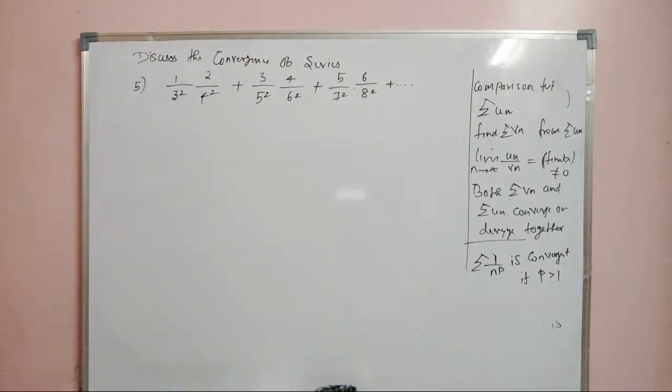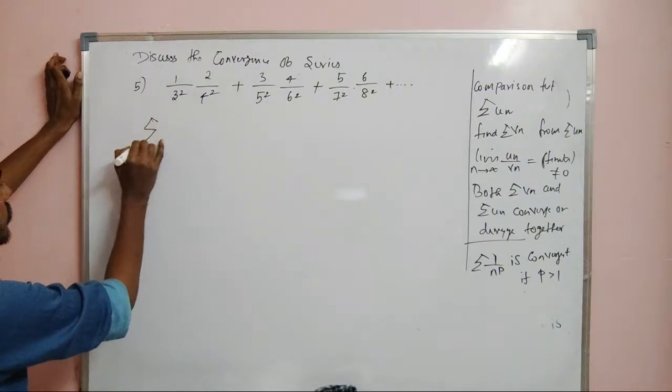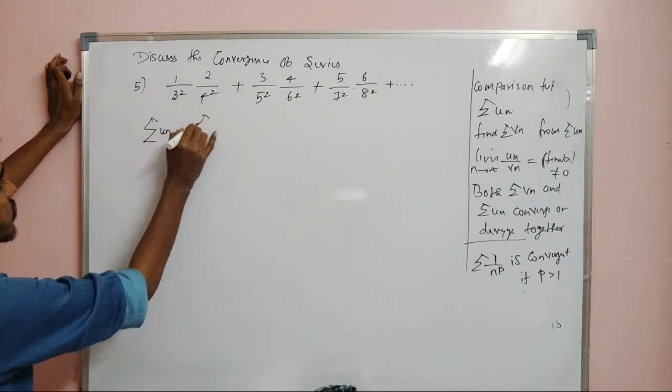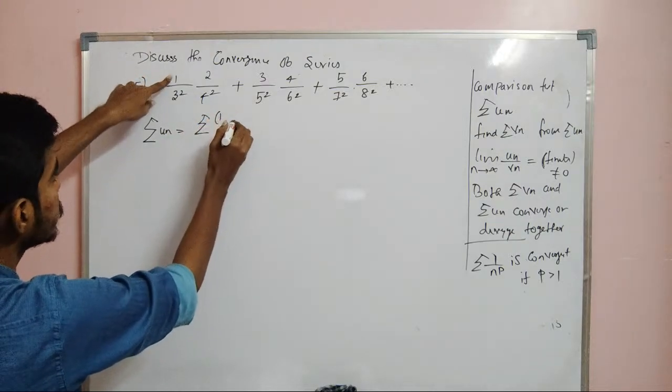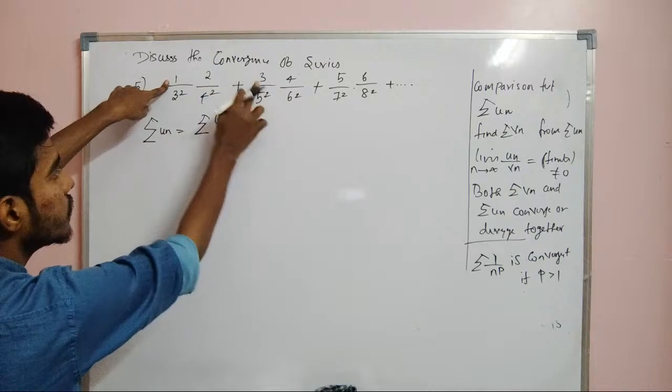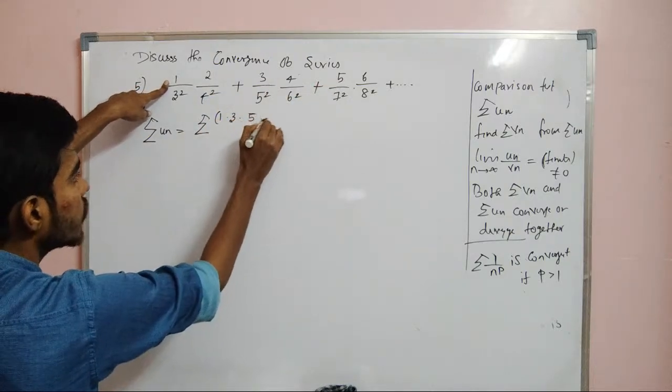So this is a series. We need to check whether it is convergent or divergent, right? So before that, we will find the nth term, and you can see the nth term is summation un is summation. So in the numerator we will have two terms. So we collect all the first terms. So first term is 1, and then 3, and so on, and then 5, and so on.